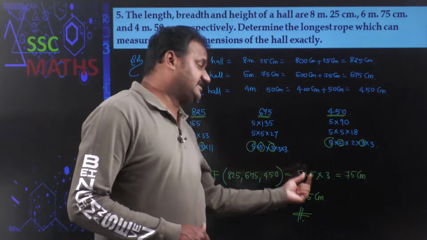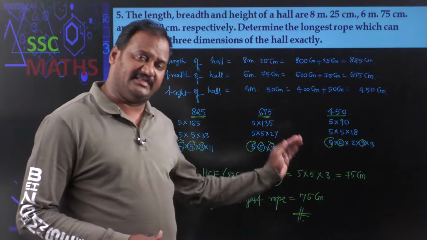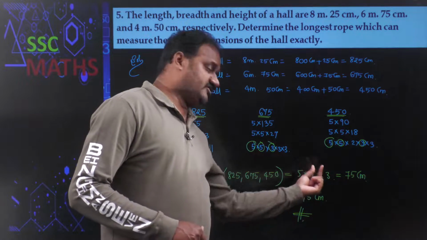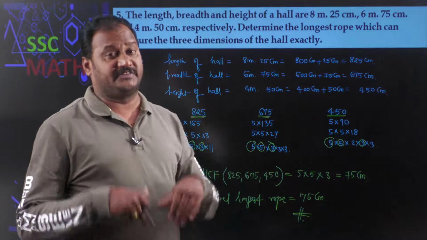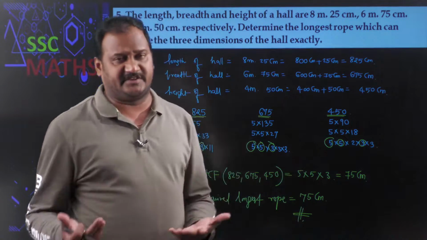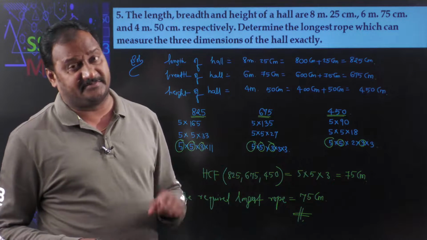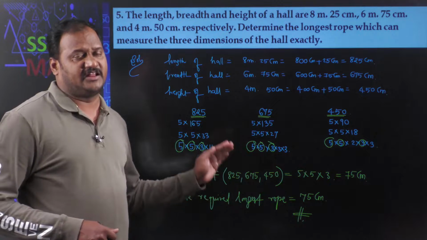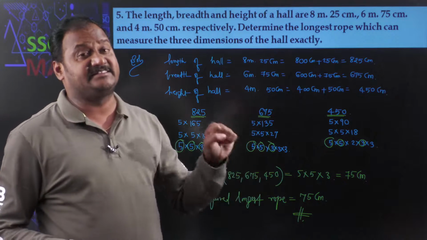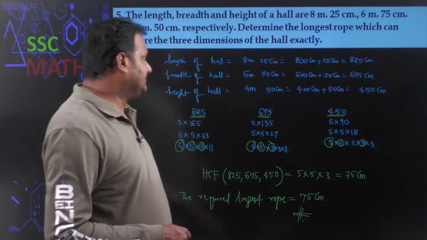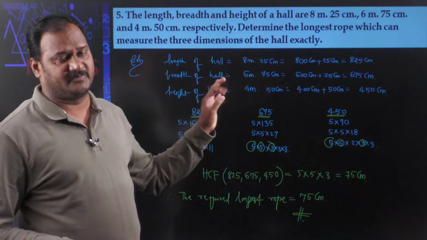If you take a 5 centimeter rope, we can measure all of them. A 15 centimeter rope also measures all three, and a 25 centimeter rope also. But what are you asked? You are asked for the longest rope. So the longest rope should be the HCF, the highest common factor of the given three numbers. This is the way of solving the problem.